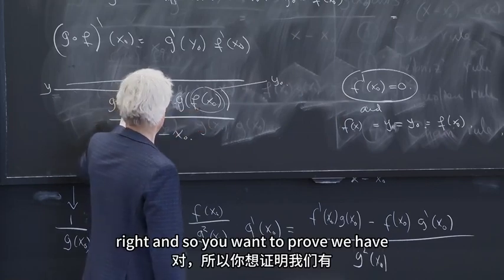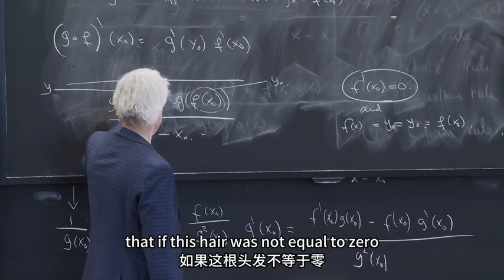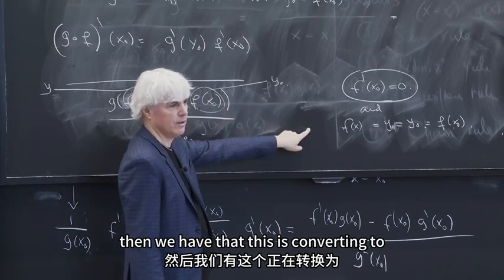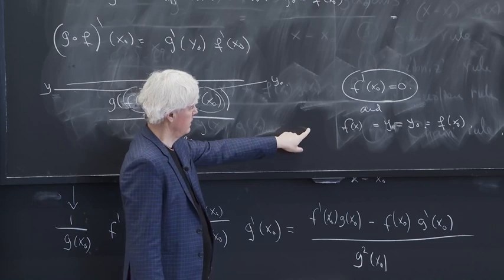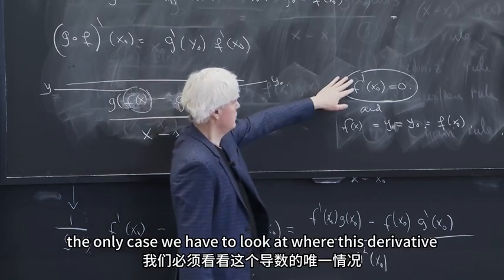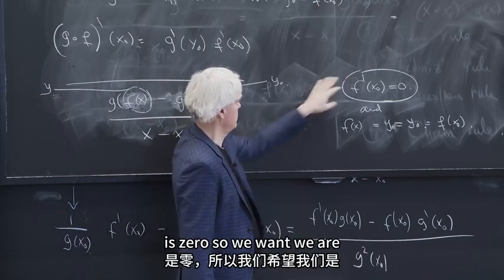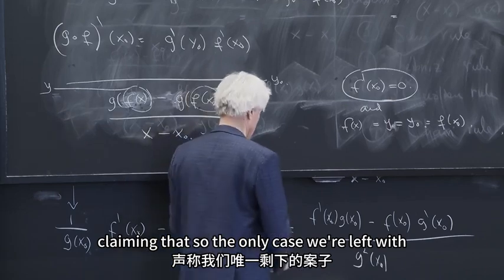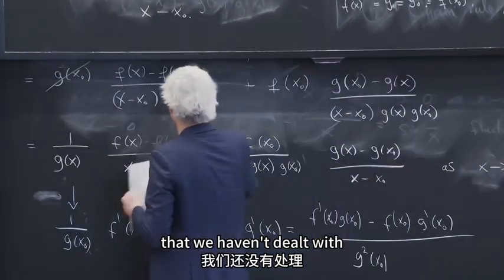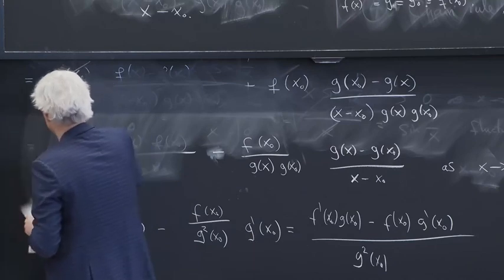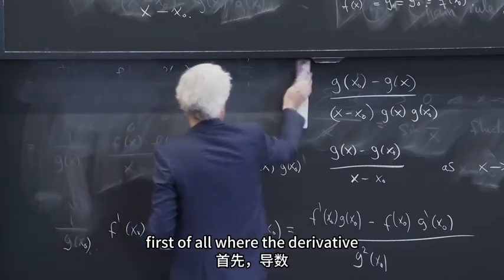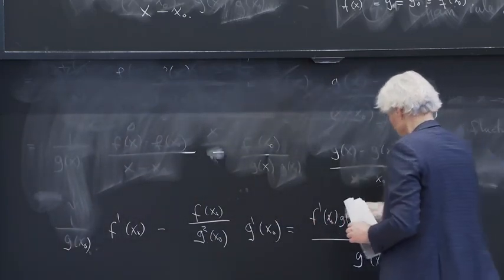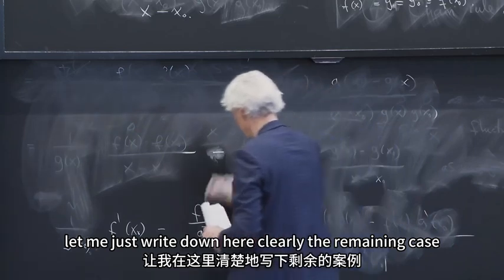And so we have that if this here was not equal to 0, then this is converging to the derivative. And the only case we have to look at is where this derivative is 0. So the only case we're left with that we haven't dealt with is, first of all, where the derivative, so let me just write down here clearly.